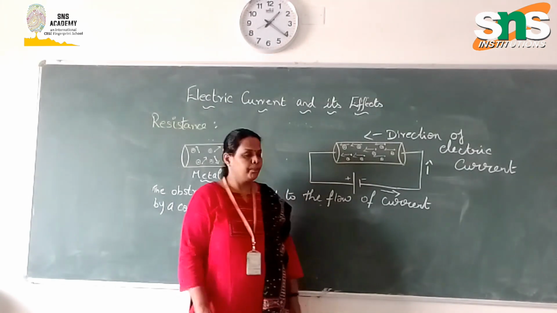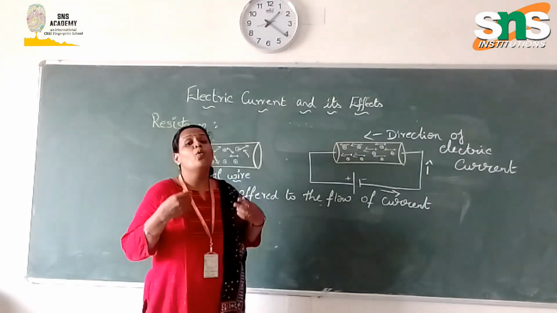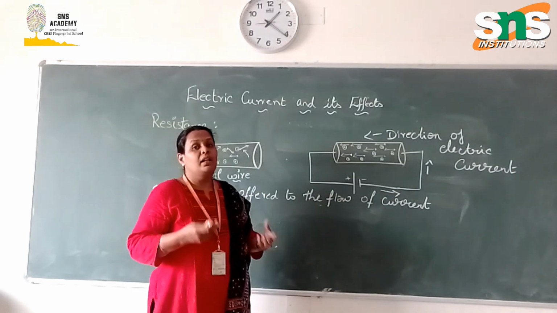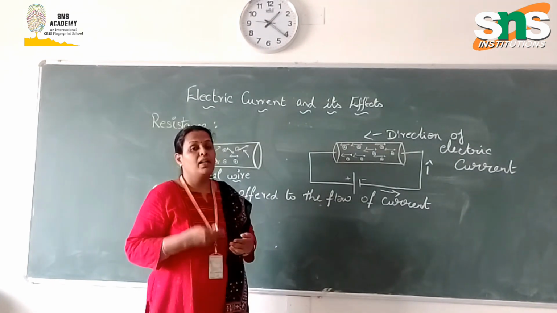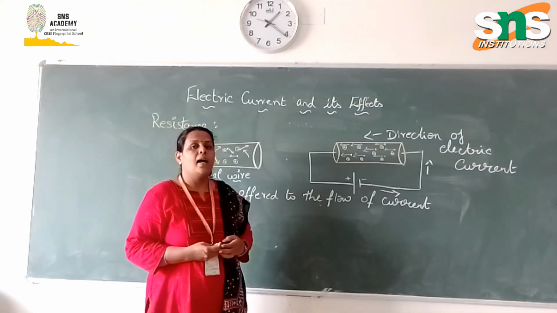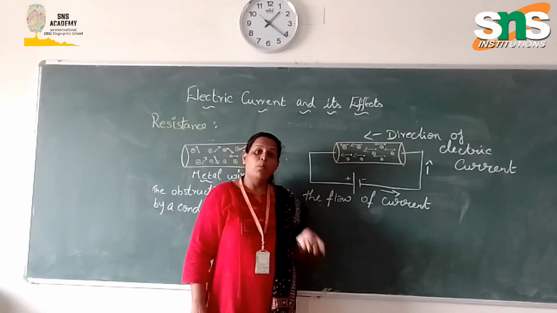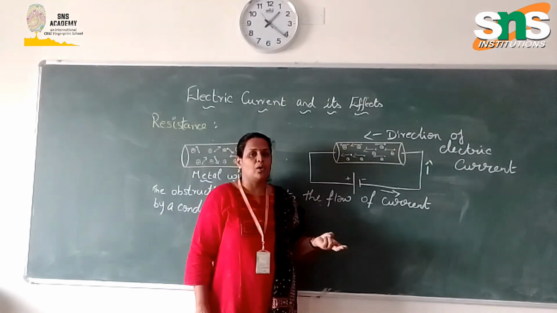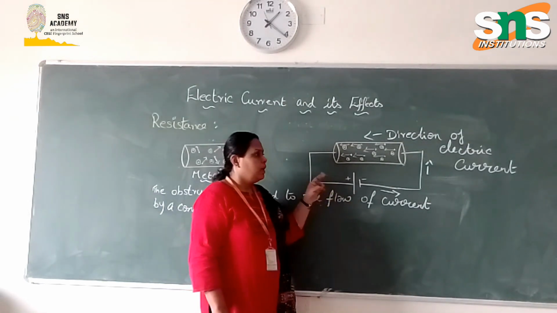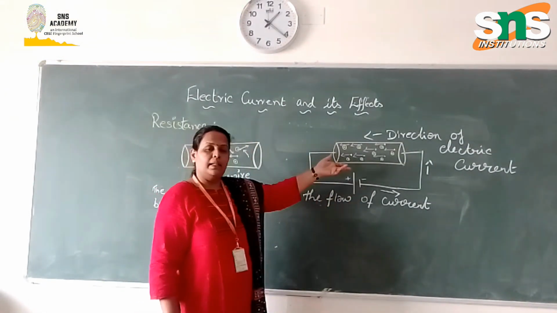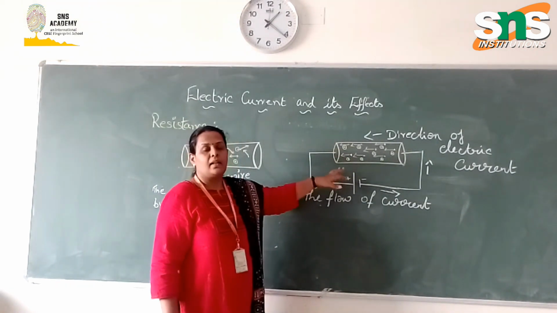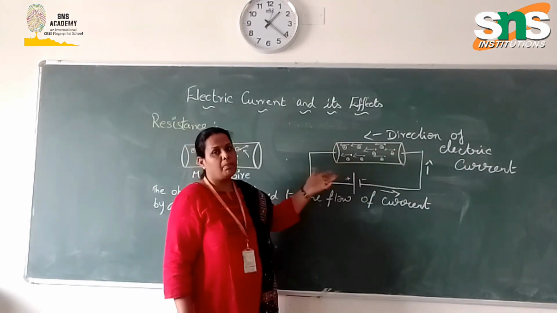Yes, you are correct. Their direction of movement will change, or the speed will also decrease. Both can happen simultaneously also. Either the speed will decrease, or the direction of motion may change.